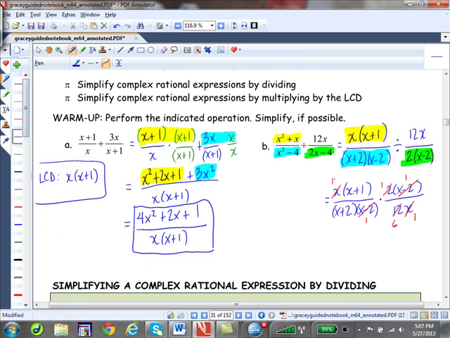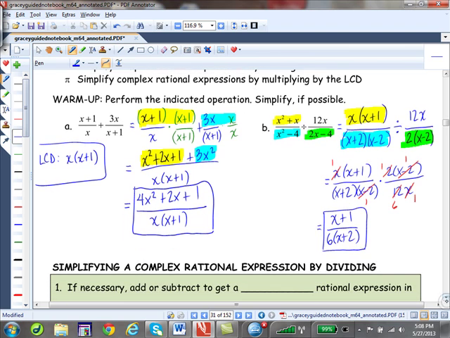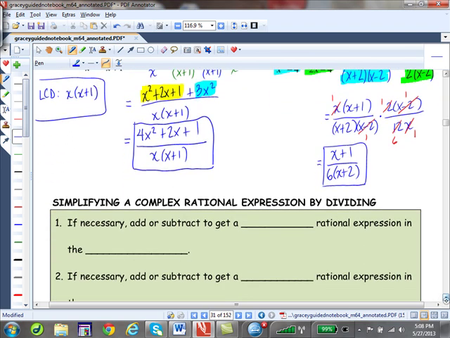So that ends up being 1 times x plus 1 times 1 times 1, etc. So at the end of the day, we will get x plus 1 over 6 times quantity x plus 2. And we're all set. How do we do on that one? Great. Okay, so moving right along.